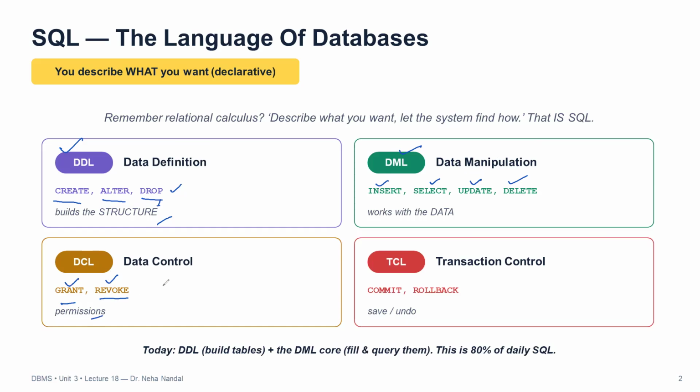So these two commands will work there. Transaction control like commit and rollback. That means you are committing some transaction and you want to roll back to the previous phase of that transaction, rollback.